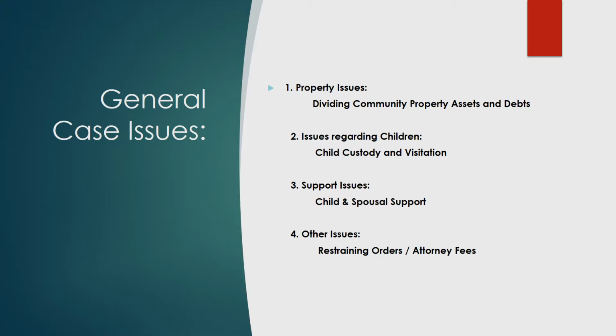The program will look at the gross earnings of both parties and the percentage of time each spends with the child. This can be complicated when one spouse either just recently left a job and is not working and their income has to be imputed. Maybe they never worked and now it's time that they have to start working. Maybe they work under the table with cash and we have to prove what that income number really is.